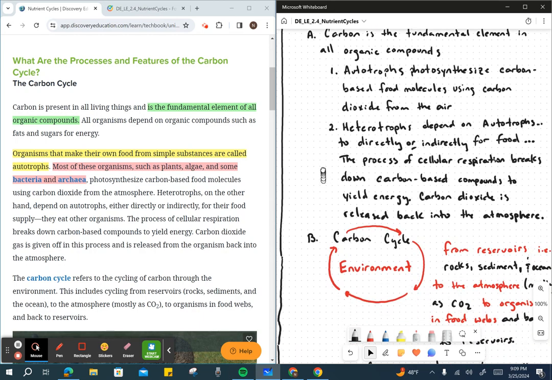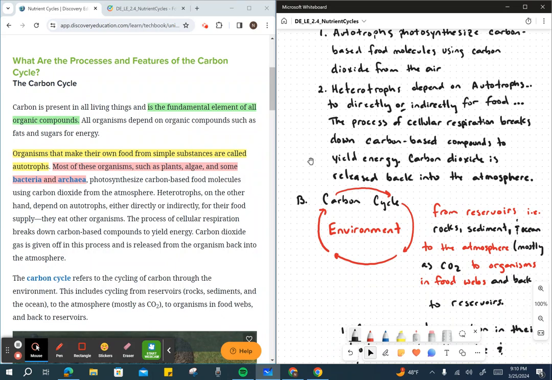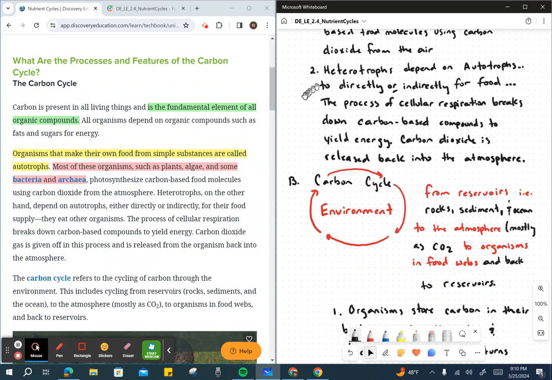Now, you and I are heterotrophs, so we can't make our own food that way. We either are going to directly eat the plants and get that sugar, or we're going to get it indirectly by eating animals that eat the plants, right? This usually brings us to the process of cellular respiration. Remember, there are those three stages of cellular respiration. The first one starts with breaking down sugar, glycolysis.